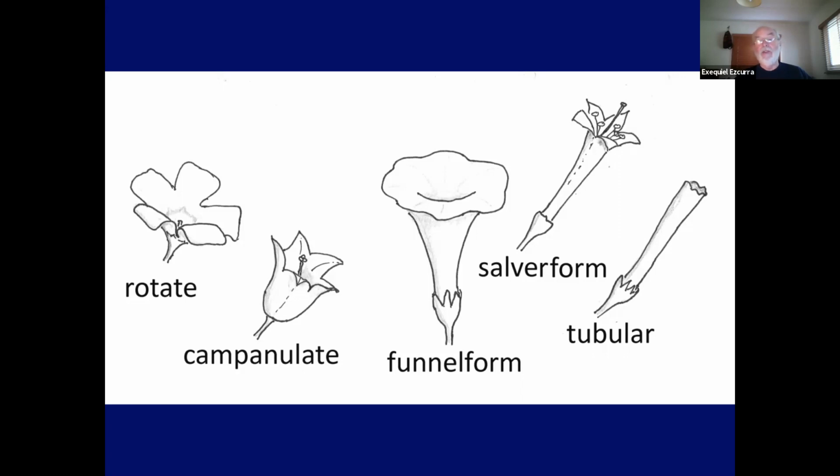Salver in Latin means tray. So they're tray-like corollas, where the tube of a corolla seems to be like the handle of a tray.